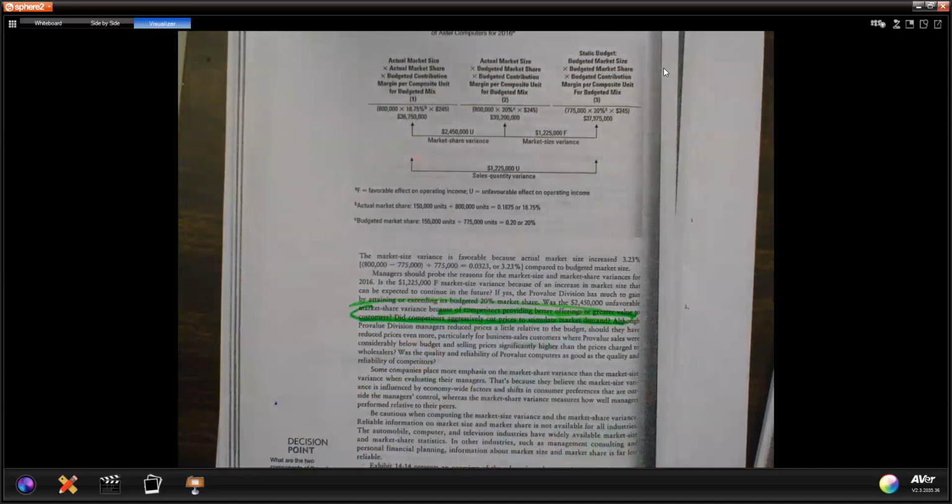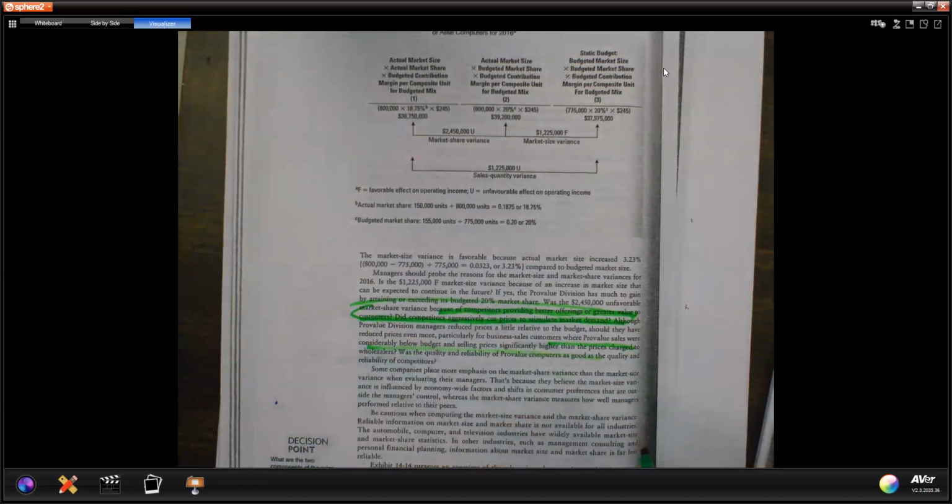You lost the share because your competitor took your share. And then we said the market size basically depends on the economy. If the economy is good, the market size will expand. So if the market size is favorable, then you cannot blame the market, because actually the economy was better, right? You have an unfavorable market share, so that is your fault. You cannot blame the market.